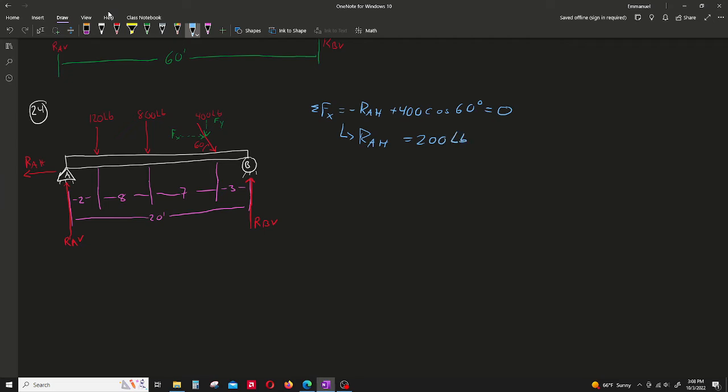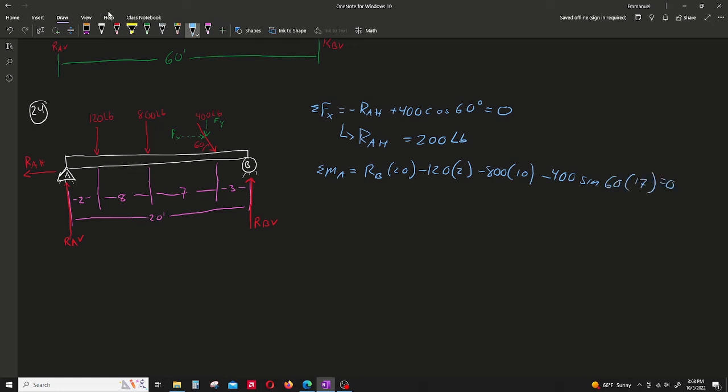From there, you want to solve for the sum of your forces in the vertical y direction. And we have the sum of the moments at A is equal to RB times 20 minus 120 times 2 minus 800 times 10 minus 400 sine 60 times 17.